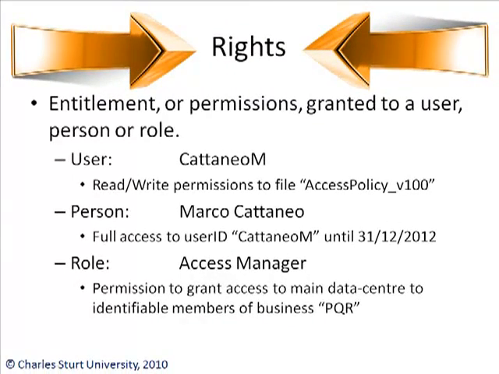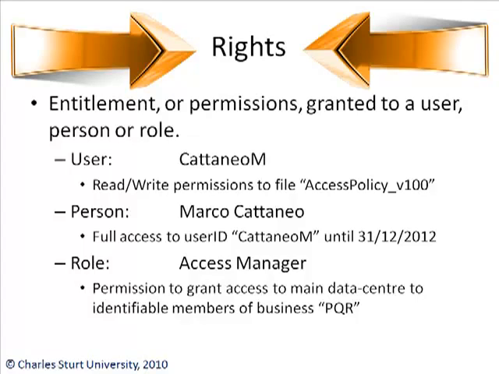What about rights? Identity and rights are often connected with each other through access. It says here: entitlement or permissions granted to a user, person, or role. Again, we've got the user Catania M, who now has read-write permissions to file access policy version 1.00.